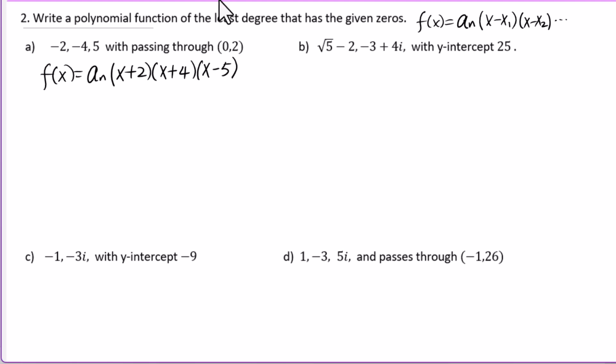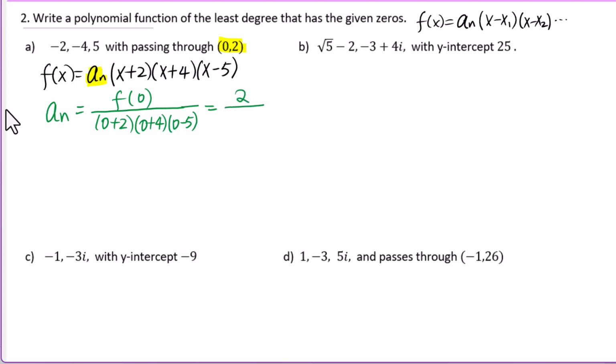We will use this information to figure out a sub n. So a sub n equals f of 0 over (0 plus 2)(0 plus 4)(0 minus 5), which equals 2 over -40, which equals -1 over 20.